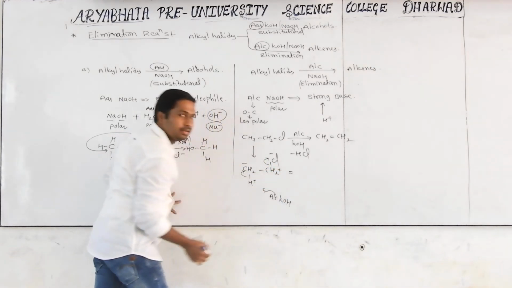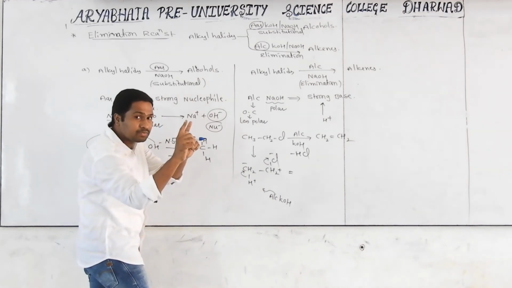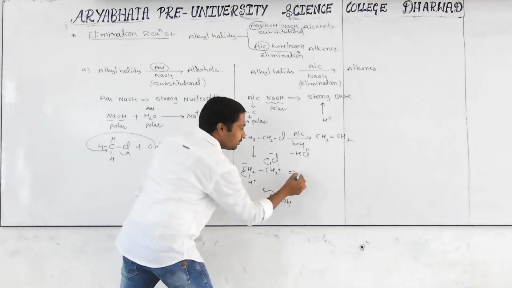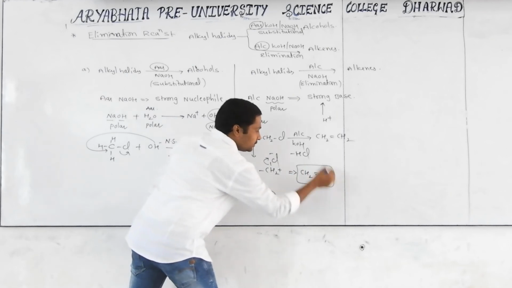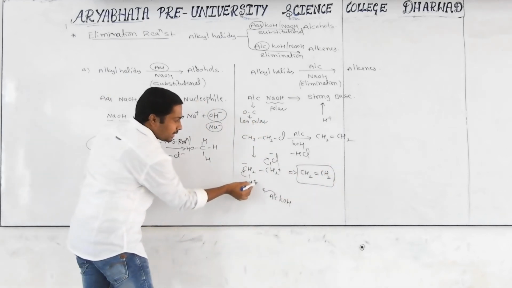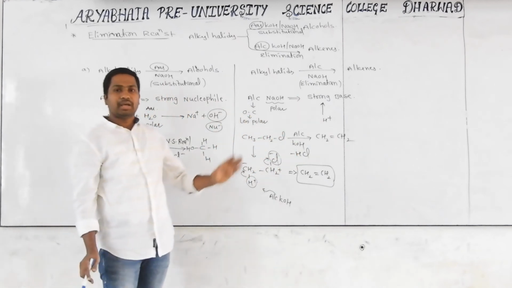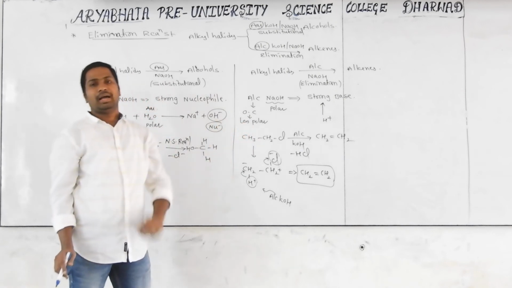I told you already, oppositely charged particles lying on adjacent atoms are involved in forming a new bond. That is nothing but CH2=CH2. So here H plus and Cl minus are leaving as HCl. HCl is undergoing elimination, that's why it is called dehydrohalogenation.